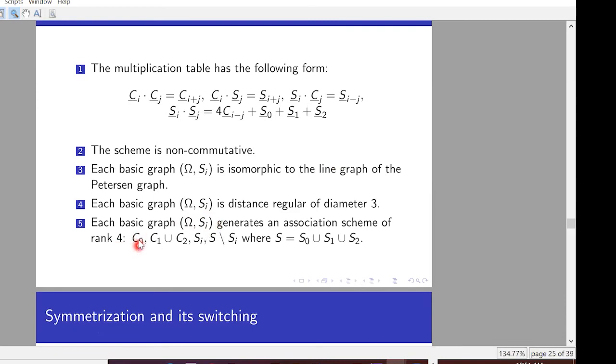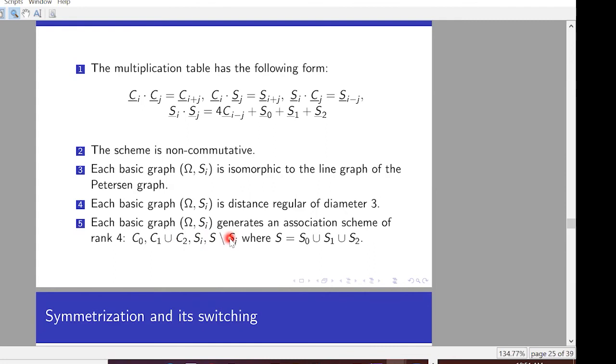So the trivial class, the union of C1 and C2, is a strongly regular disconnected graph consisting of 5 triangles. Here is Si and here is the rest.